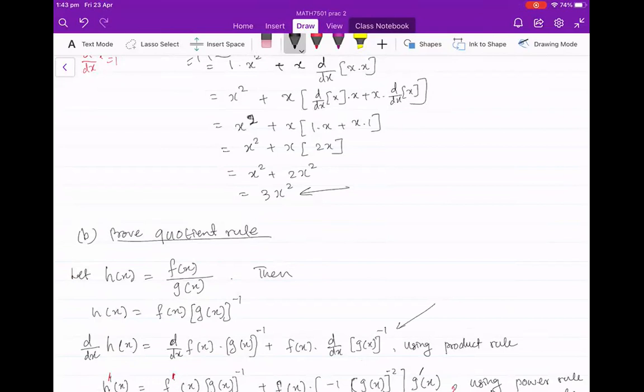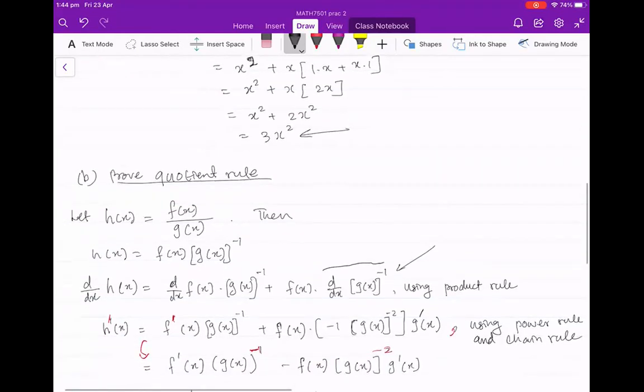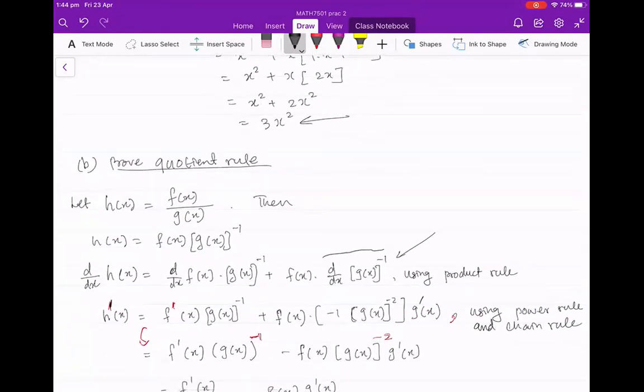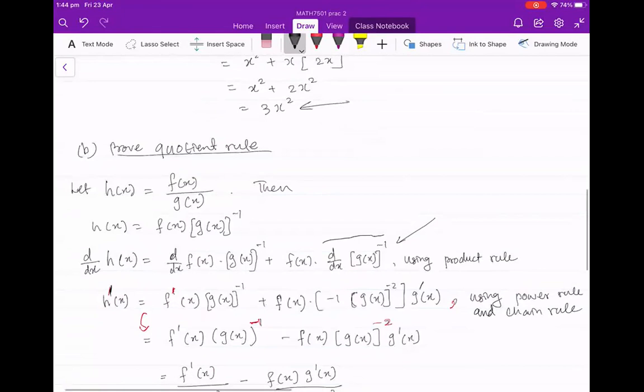You take the derivative of f, keep the g inverse, and then keep the f and take the derivative of g inverse. The only thing you need to derive here is this part. You can use the chain rule and power rule, okay? I've changed the notation here just for easy writing, but you can proceed with the previous notation as well.